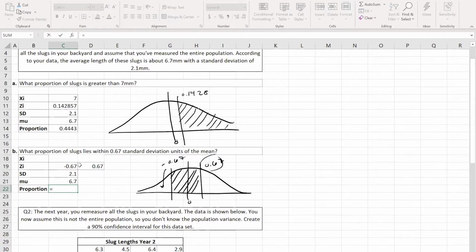So that's equal to, let's see, 0.6 across then to the 7, we get 0.7486 minus, go to the negative version, negative 0.67, and we get 0.2514. So 0.4972, that's the proportion between these two z-scores.